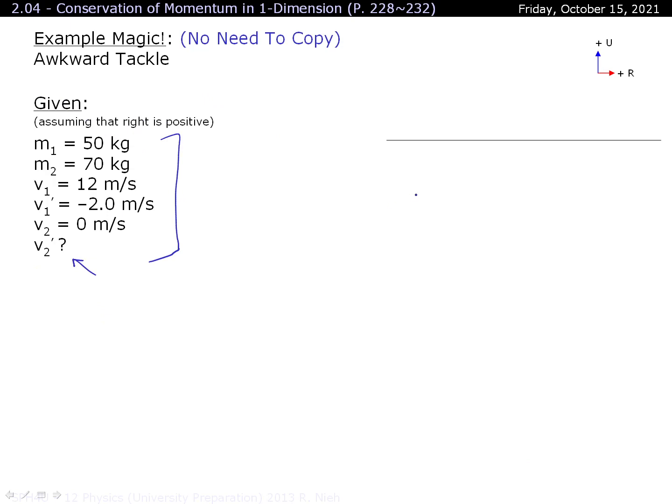Ready for the answer? Once again, momentum is always conserved. So the total momentum before is equal to total momentum afterwards. m1v1 plus m2v2 is equal to m1v1' plus m2v2'. m2v2 was stationary, so that goes to 0. That saves a bit of effort.